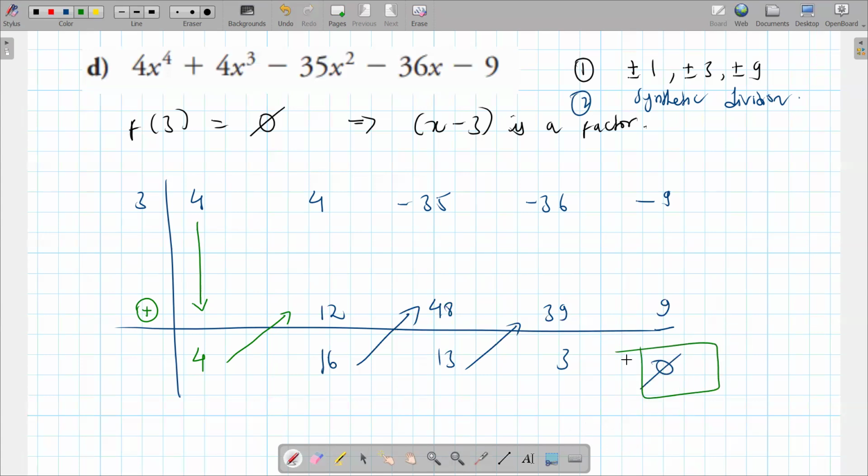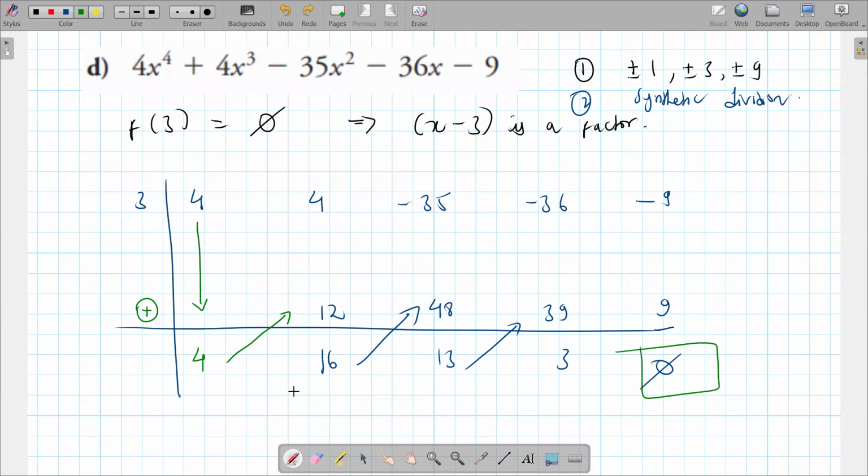So what's our quotient then? We had a quartic function. We divided it with a linear function. So what's our quotient? So your quotient comes from down here, right?